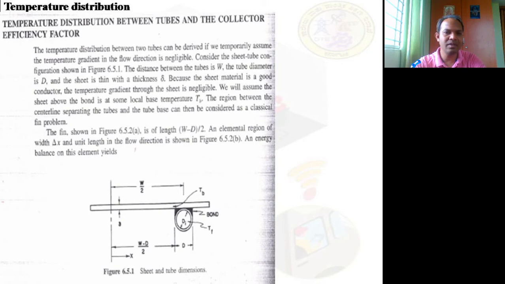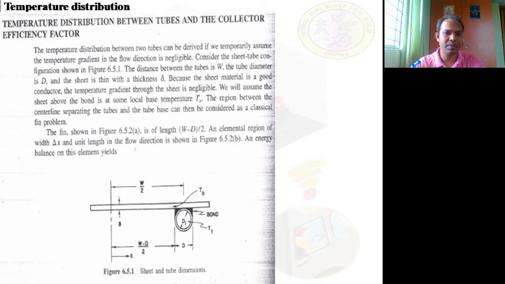When conduction is taking place through the plate, the temperature gradient within the sheet is negligible, because it also has a negligible thickness.